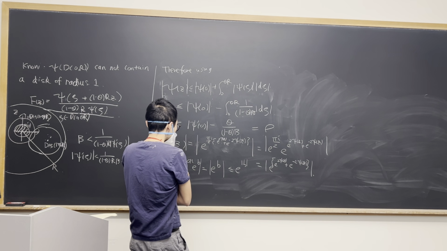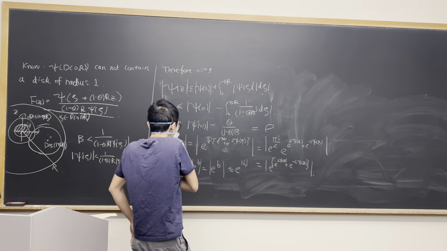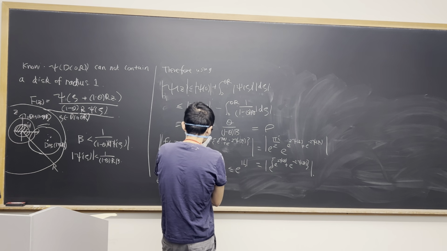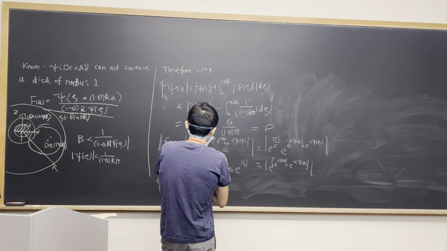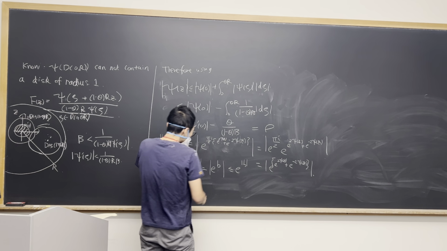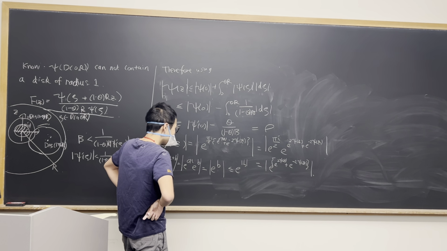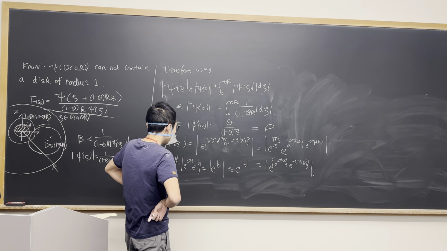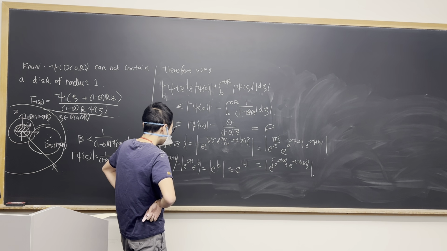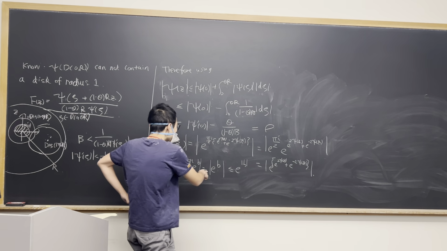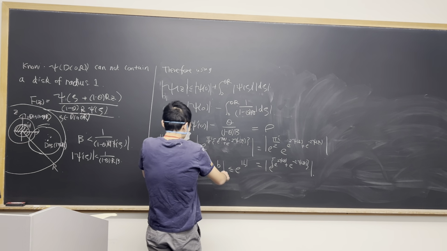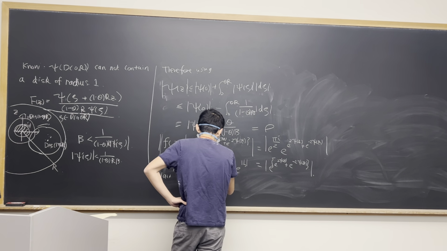Why? Because in this case, this b is a real number, right? And this b could be either positive or negative.